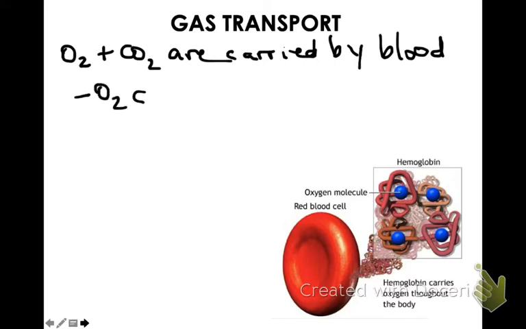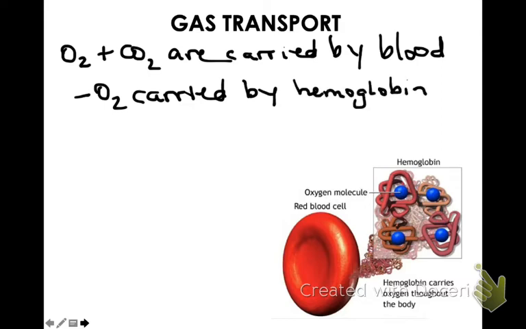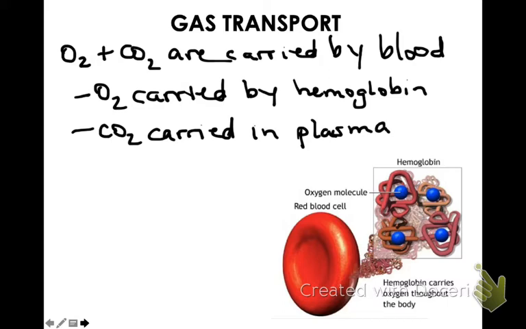Specifically, oxygen is carried by hemoglobin. We'll talk a little bit about that in just a second. The carbon dioxide, generally about 98% of it, I think, is carried in the plasma. We'll talk about that in just a second as well.